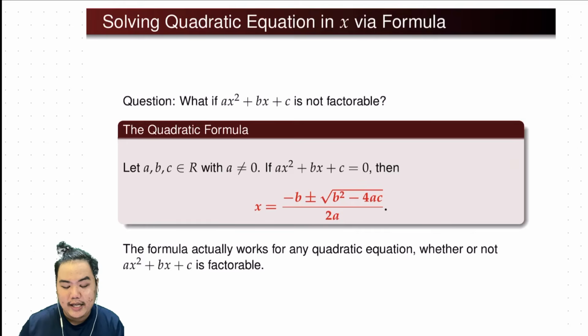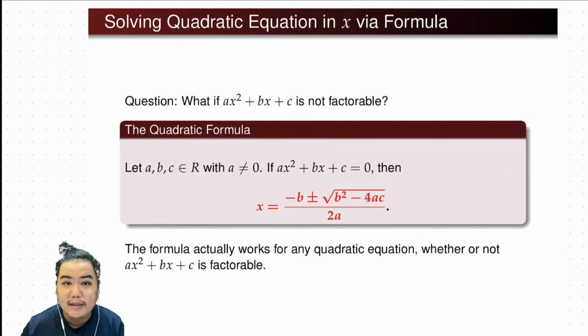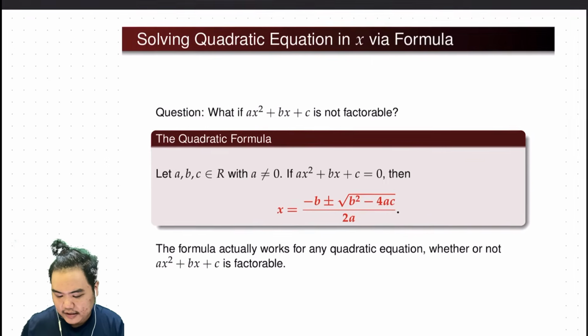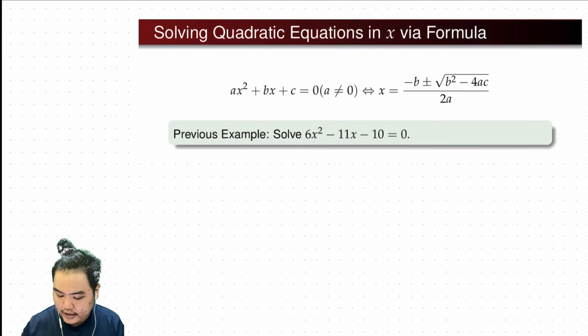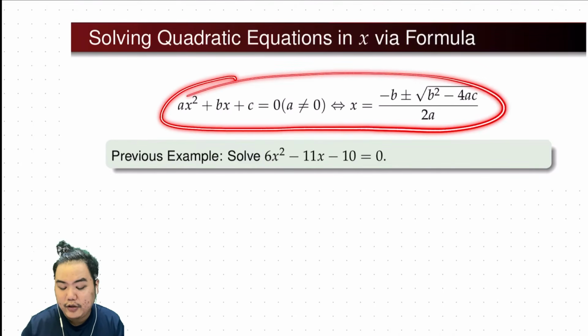Okay? Ulit. Para ma-memorize ito, sabihin niyo siya out loud. Negative b plus minus square root of b squared minus 4ac all over 2a. Kailangan ma-memorya niyo yan kasi gagamitin niyo na forever yan sa lahat ng mga math courses na susundan ninyo. Okay, so ito yung quadratic formula natin.